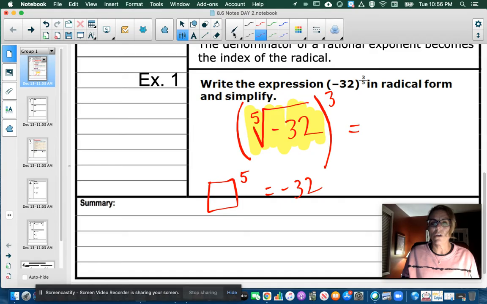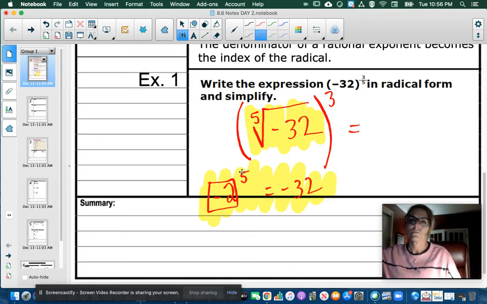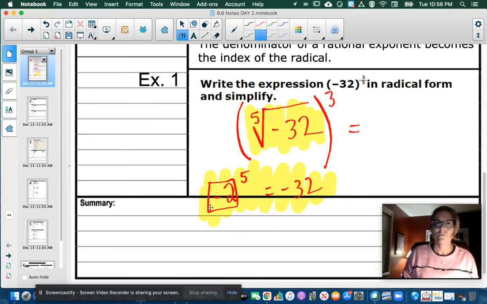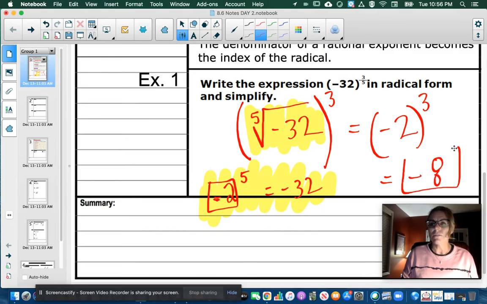That's what we're trying to solve in the yellow. Well, that is actually a -2. So what comes out of the yellow is a -2, and we're going to raise that to a power of 3. -2 to the third power is -8.